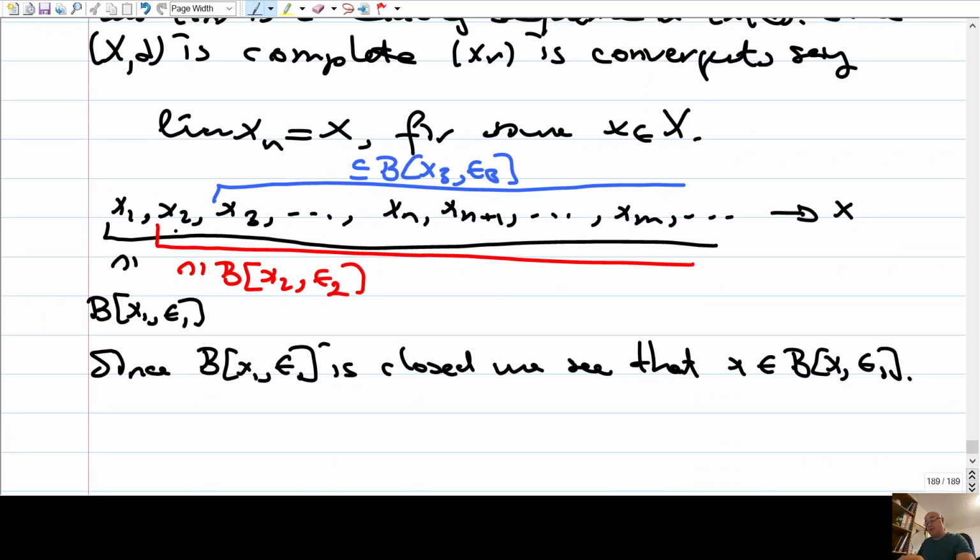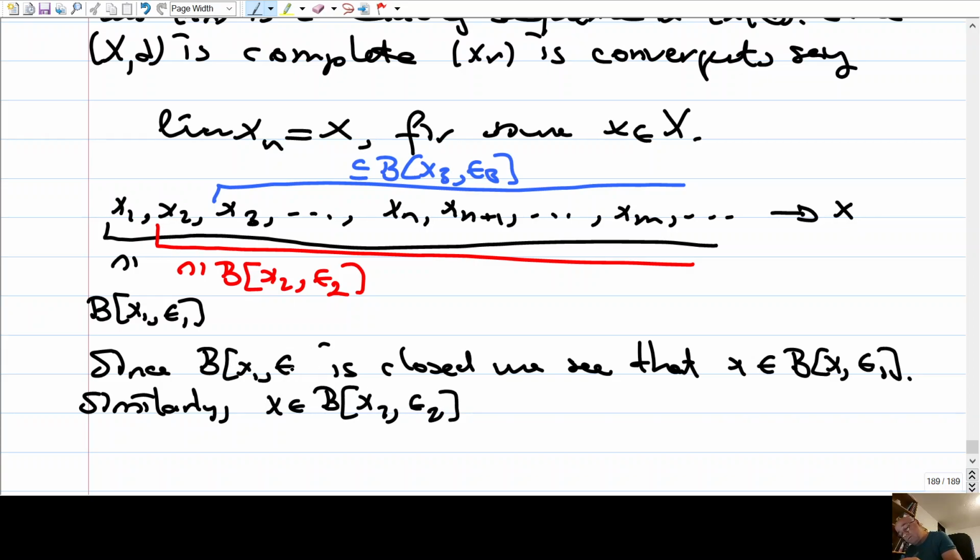And this sequence, starting from x2, x3, is a subsequence of this sequence. This subsequence lies inside this closed set and it is convergent. Similarly, x is in B(x2, epsilon 2), and so on.